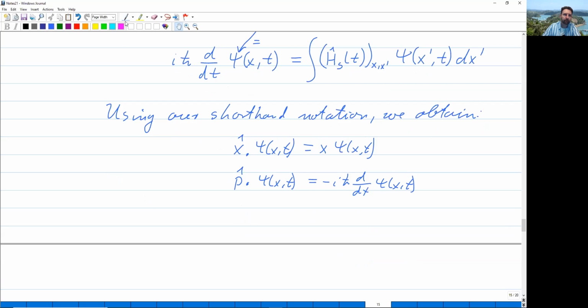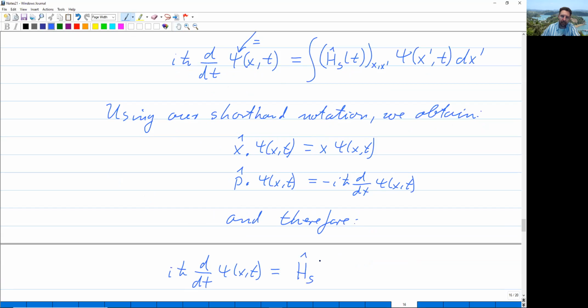And therefore, the Schrödinger equation in the position representation becomes i h bar d by dt psi of x and t equal to the Schrödinger Hamiltonian expressed as a polynomial in the x hat dot, the p hat dot, and a possible time dependence in the coefficients, acting on psi of x and t.